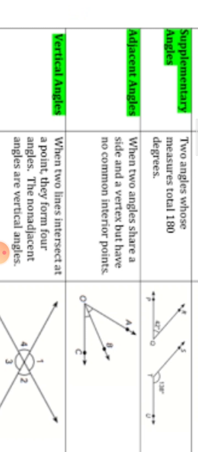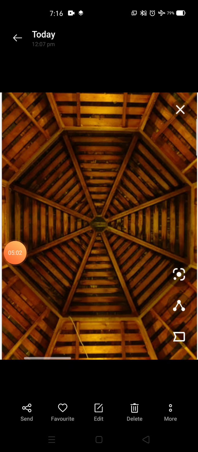OB is in angle AOB and angle BOC. So OB is common. If one side is common and vertex is common, you can say these are adjacent angles. Now this is the example of adjacent angle. There are so many adjacent angles. So in this way you can find so many adjacent angles in our day-to-day life.